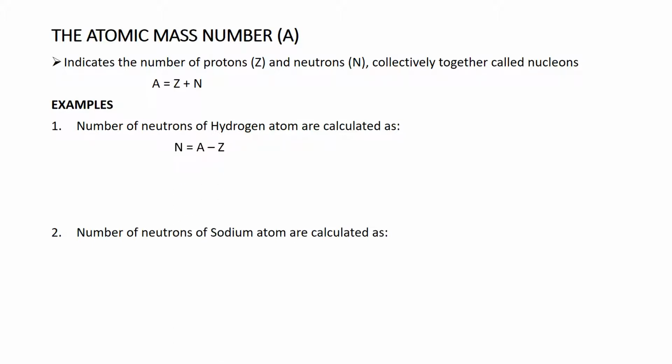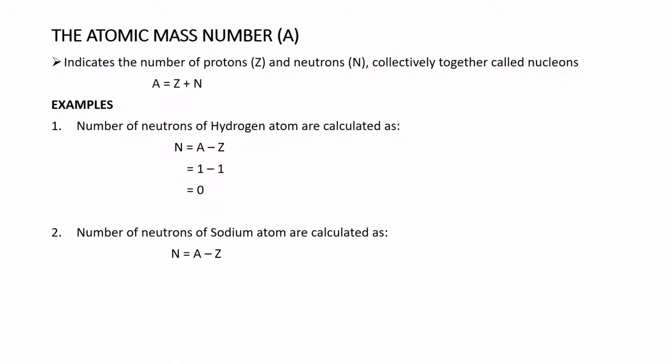Neutrons will be calculated as the atomic mass number minus the number of protons. The atomic mass number we get on the periodic table, so for hydrogen it is 1, and the number of protons we also get from the periodic table, and for hydrogen it is 1. So the number of neutrons for hydrogen is 0.